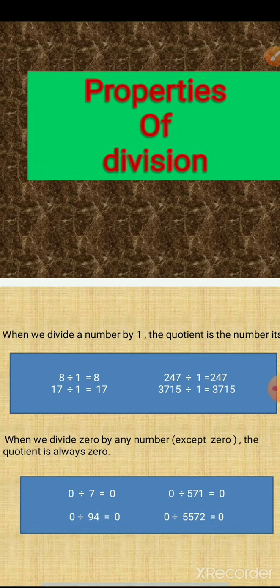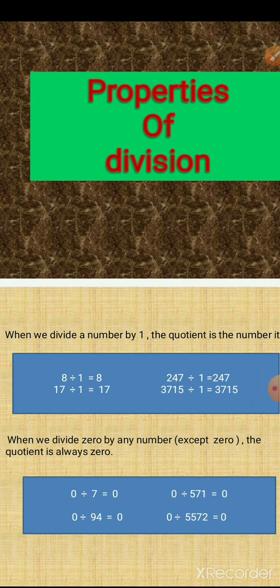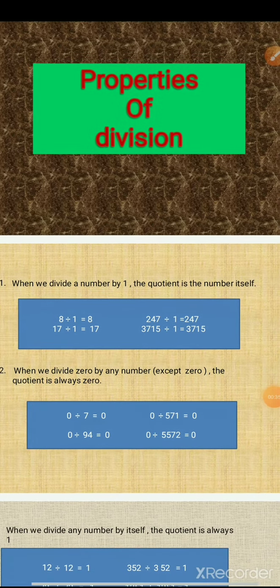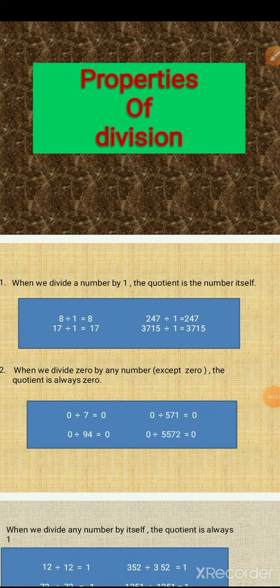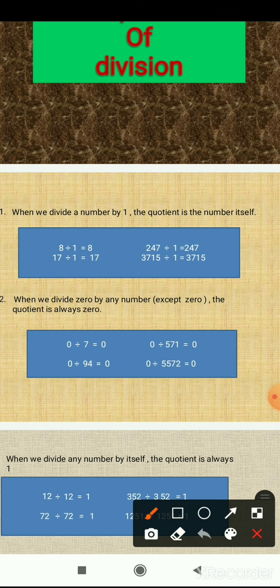First property: when we divide a number by 1, the quotient is the number itself. For example, 8 divided by 1. 8 ones are 8, so we get the answer 8.